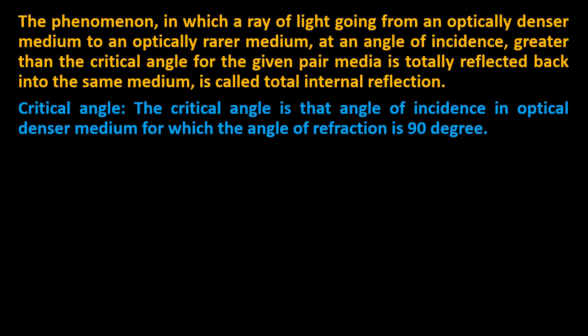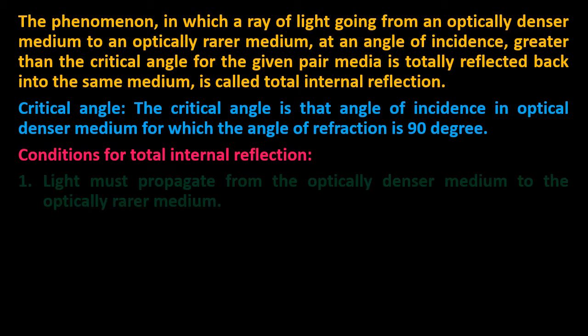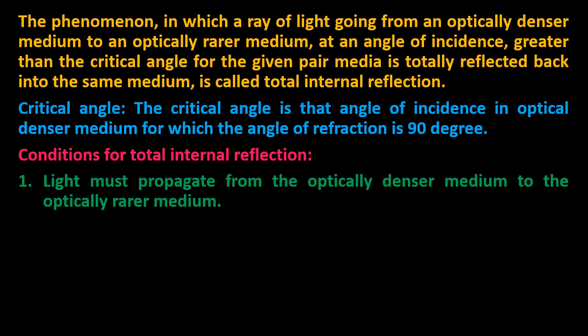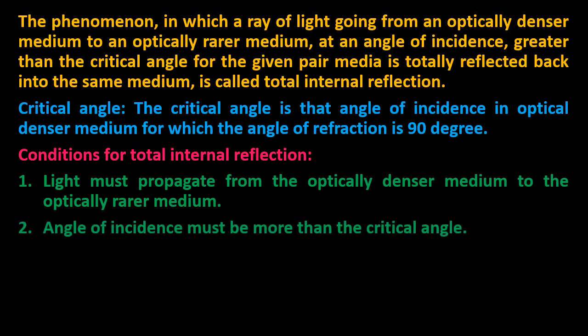So this I have already explained, and I have told you the two conditions for total internal reflection. The first is that light must propagate from optically denser medium to optically rarer medium, and the second is that the angle of incidence must be greater than the critical angle.